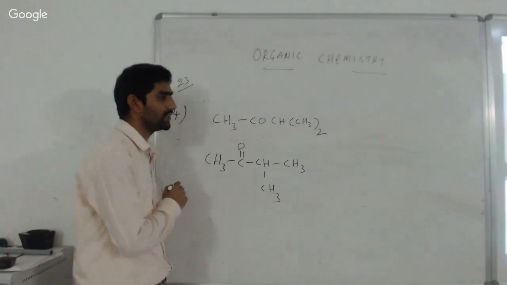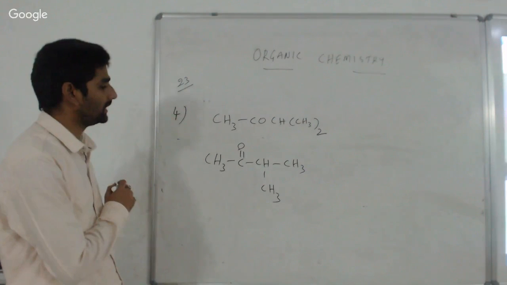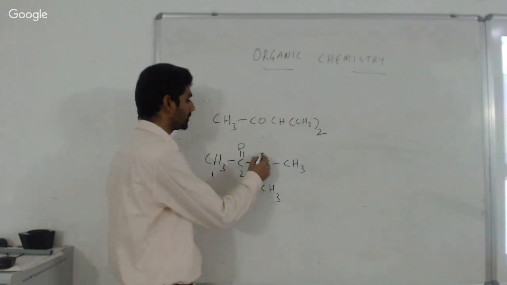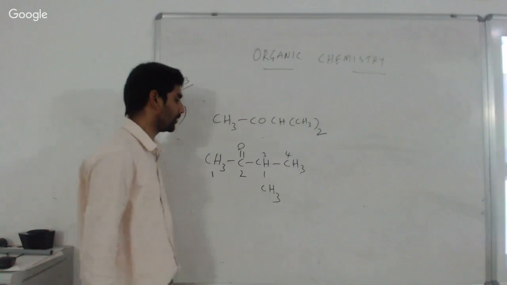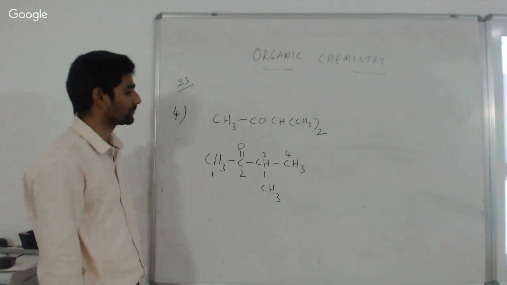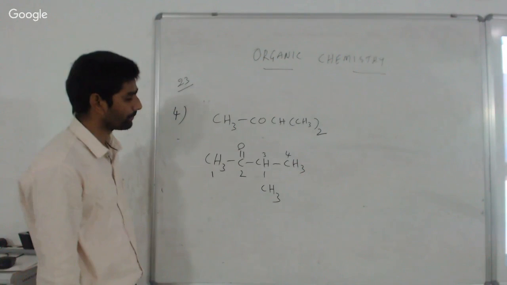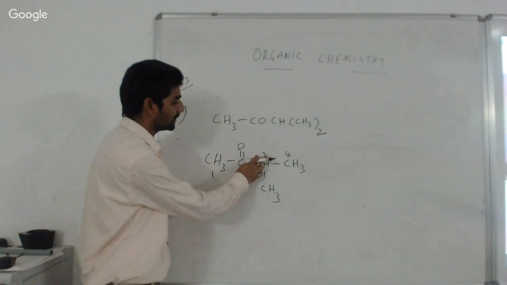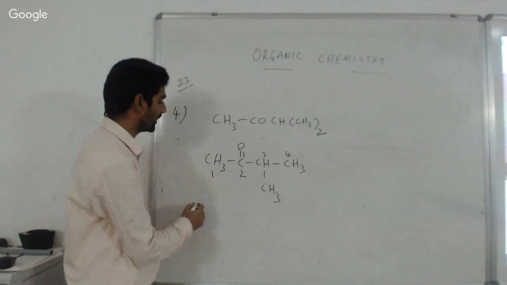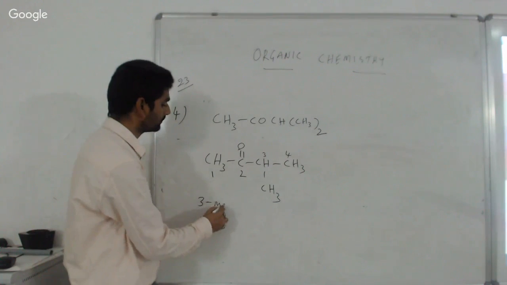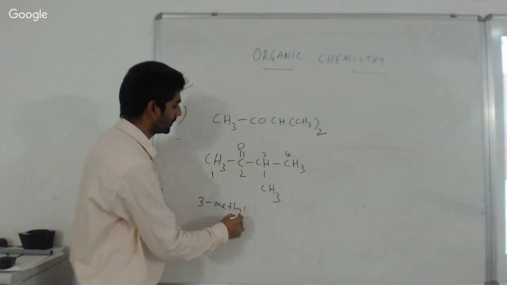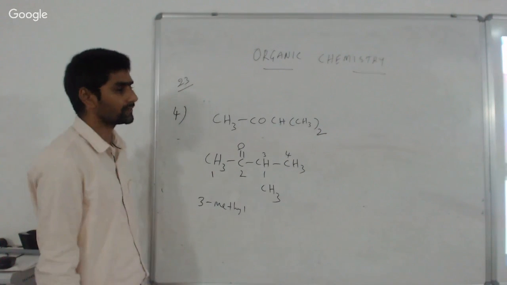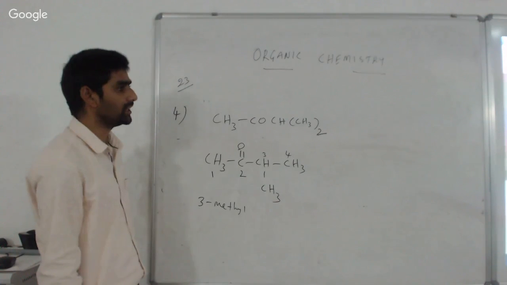Always give the least number to the functional group. Number 1, 2, 3, 4. The third carbon has a methyl substituent, so we write 3-methyl. In the straight chain there are 4 carbons, so but is the root word.